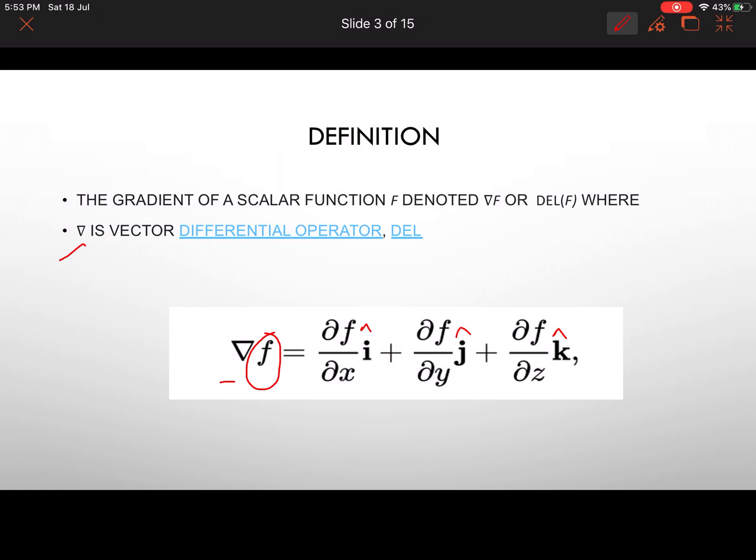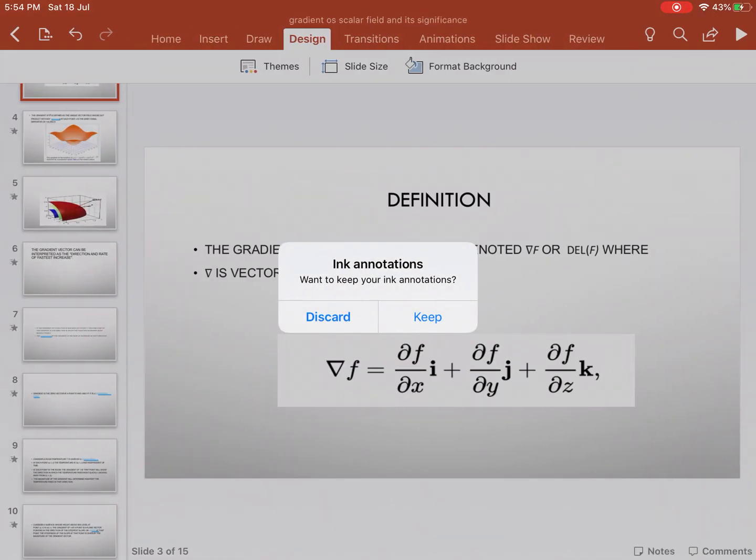But in your examinations, it is difficult to write i, j, k in bold letters. So, please don't forget to put caps on the heads of these vectors. It is very, very important and essential for first year students.